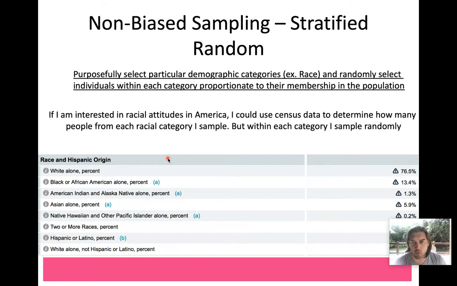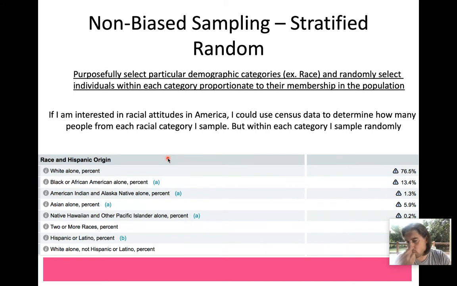We're going to use race here. A demographic category, and then you randomly select individuals within each of those categories proportionate to their membership in the actual population. So you have to have population level data.